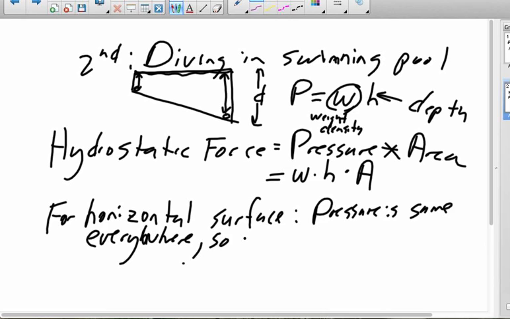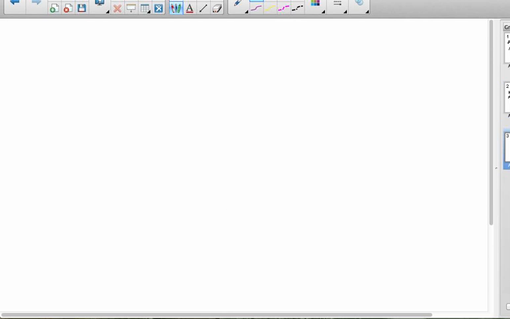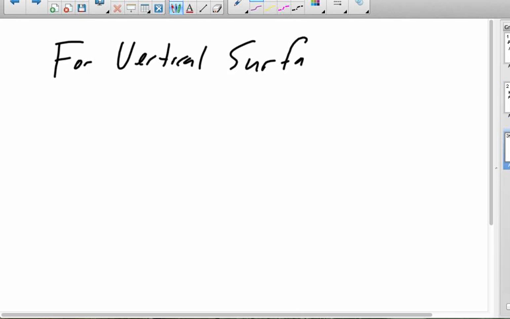So your fluid force is going to equal your weight density times H times the area over which it is acting. Okay? Now for vertical plates, or for vertical surfaces, we need to use calculus.